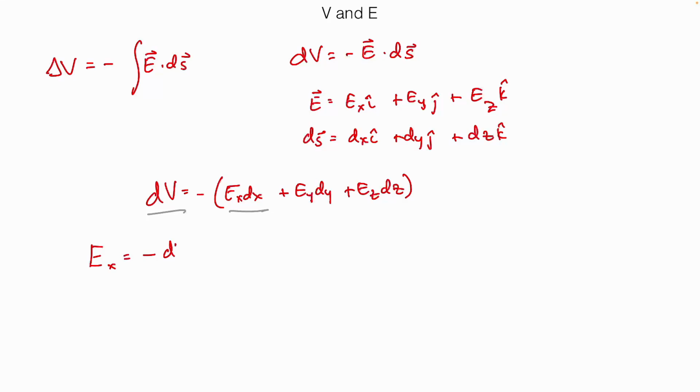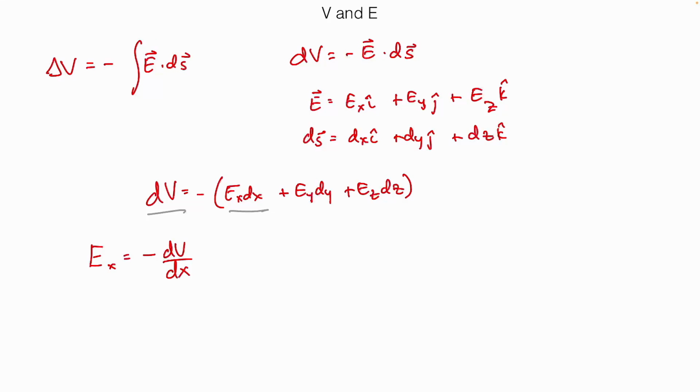Negative dV/dx. It's a change in potential divided by the change in the x direction, giving the electric field in the x direction. Mechanically, though, so that was the idea, but mechanically, what is that?